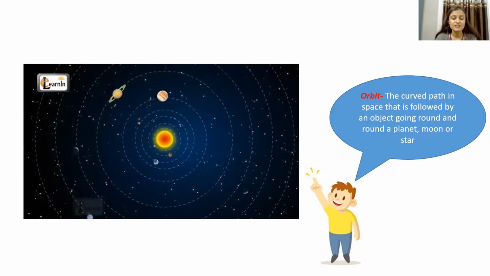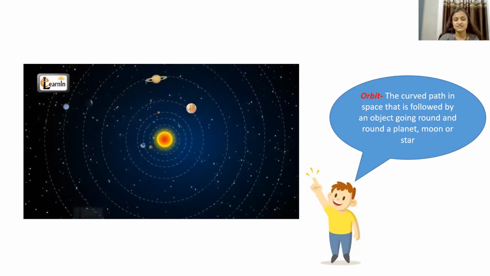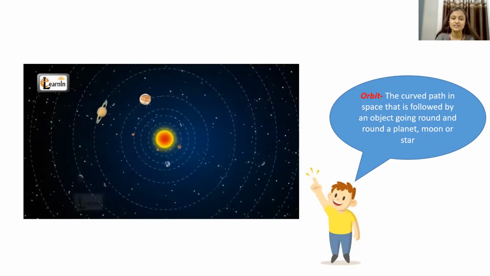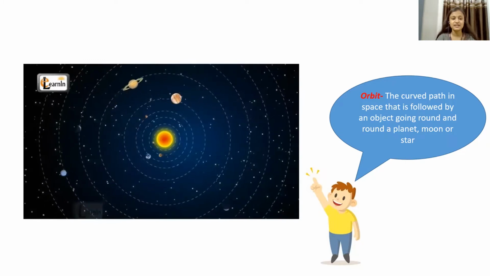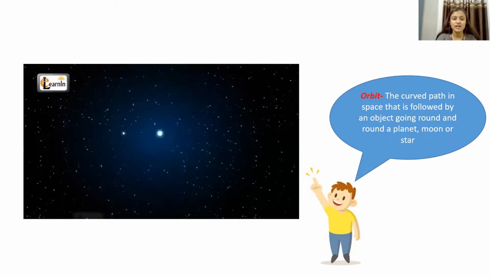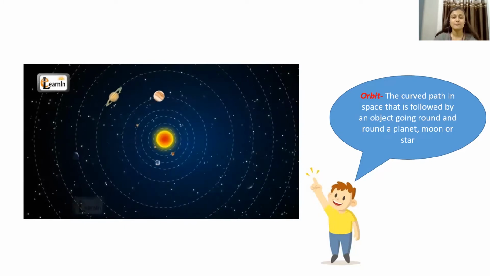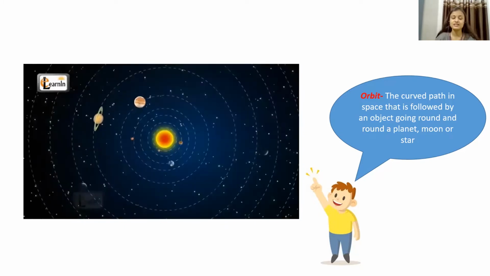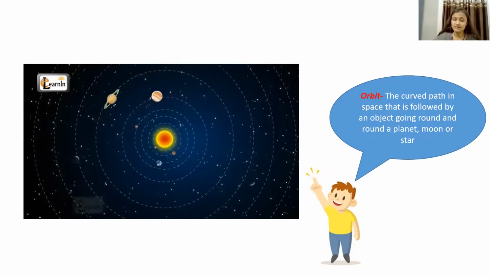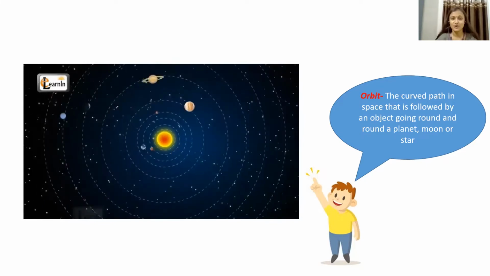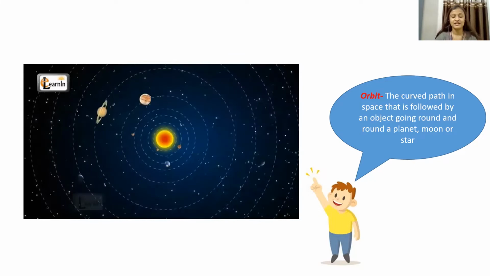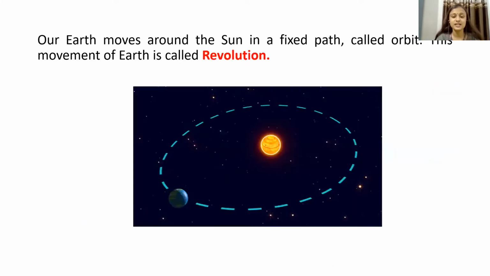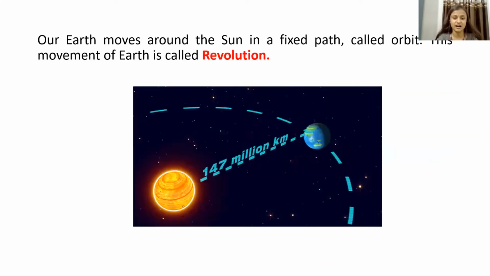So orbits are imaginary lines. Don't think that orbits are there actually. These are imaginary lines, and they are just a path for the planets to move around. When a planet is moving around the sun, it does not leave its orbit. Now see, here you see our planet Earth.